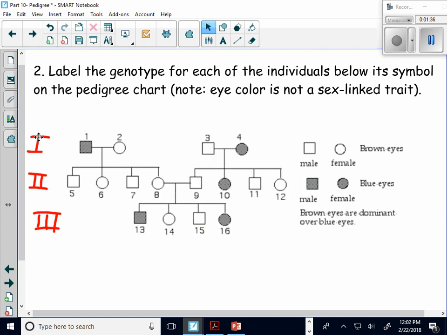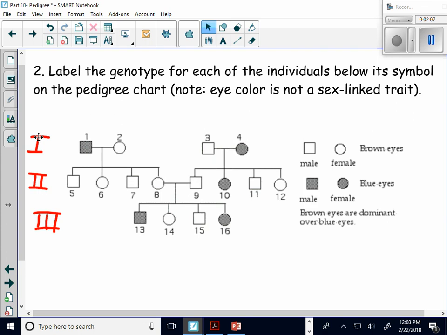Now, I don't think I said this, but as I'm looking left to right, that goes oldest to youngest. So their oldest kid is number 5, which is a male, correct? Their youngest kid is number 8, which is a female. So in order, they went boy, girl with their kids.